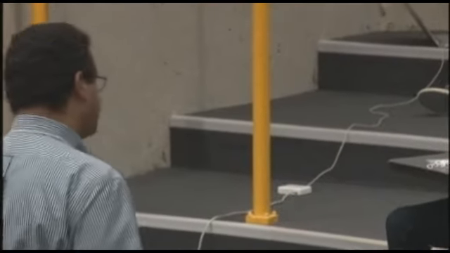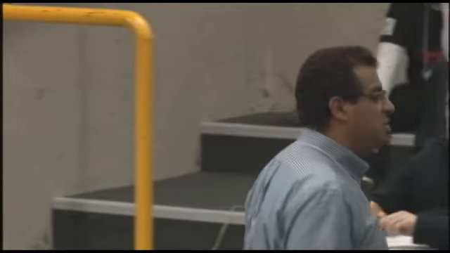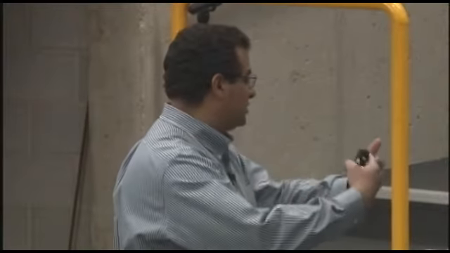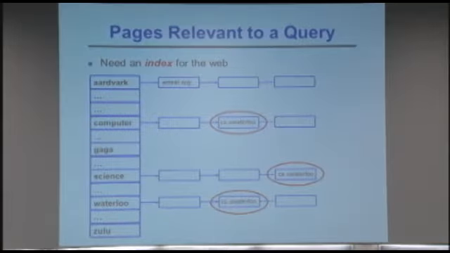So when I type computer science Waterloo, Google goes to this index, and it finds all the pages that have the word computer, and all the pages that have the word science, and all the pages that have the word Waterloo, and does an intersection among these three sets, and says, oh, okay, so cs.uwaterloo.ca is one of the pages that has these three words. So cs.uwaterloo.ca is one of the pages that are relevant to this query.